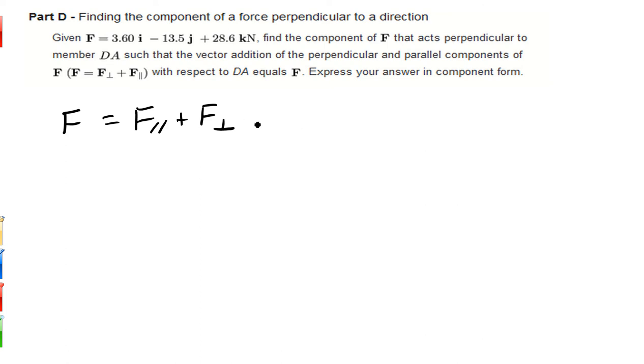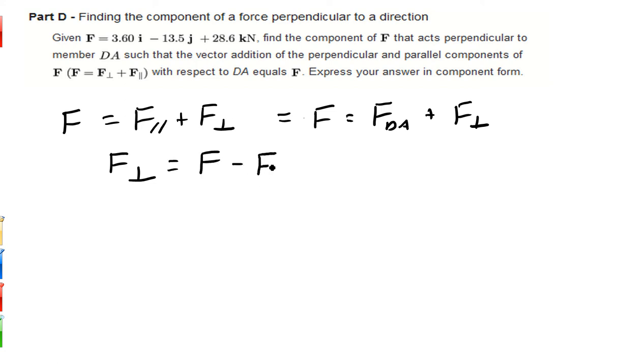So this is really just the force is equal to F dA plus F perpendicular. So the force perpendicular is what we're trying to find. We already know what the force of dA is, and we're given our force. So we'll do a little bit of algebra here and we see that the force perpendicular is just equal to our force minus F dA.